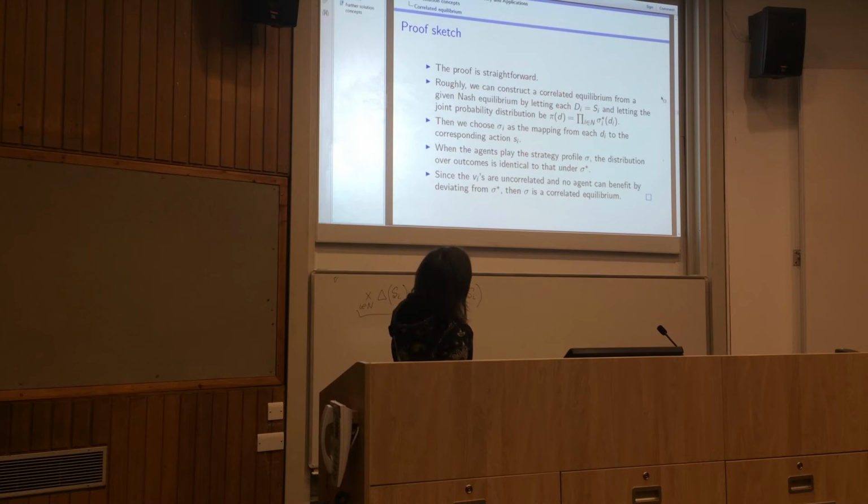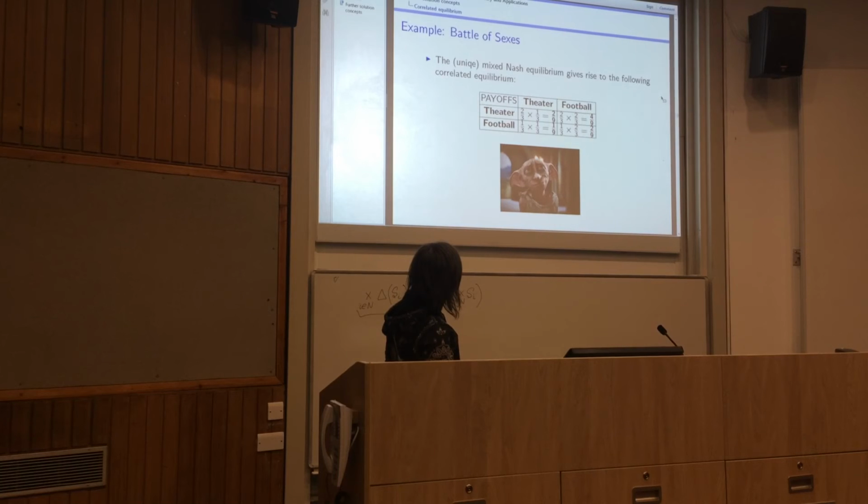So if we have some Nash equilibrium, then we can just define the domain of each variable for each player as exactly the set of their pure strategies, and then we let the joint probability be the product of the mappings for all the players. How do we choose that mapping? We choose that exactly as the mixed strategy of the player.